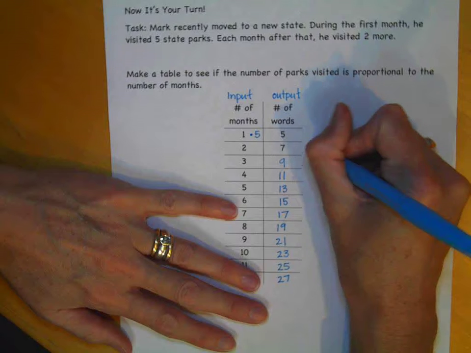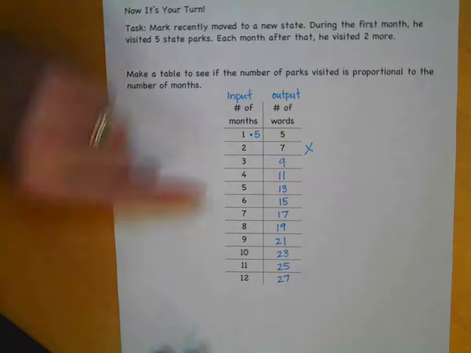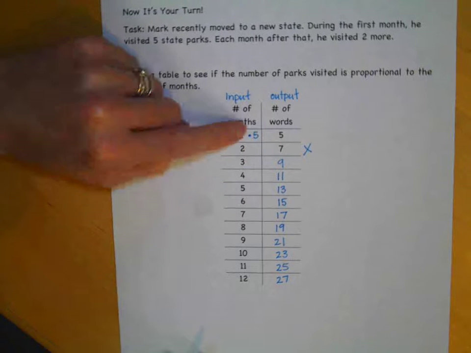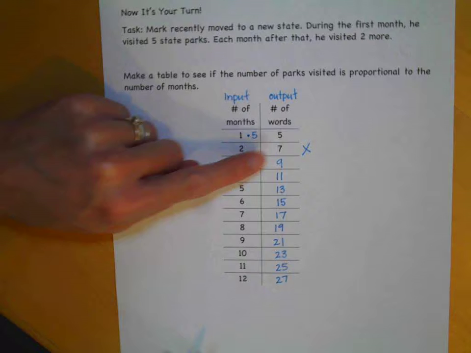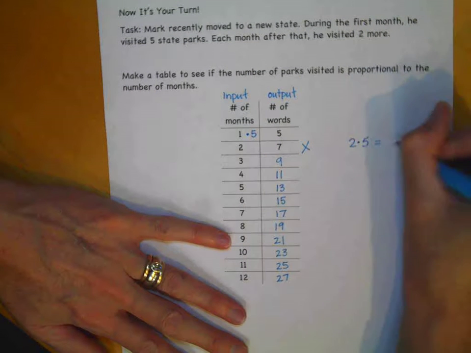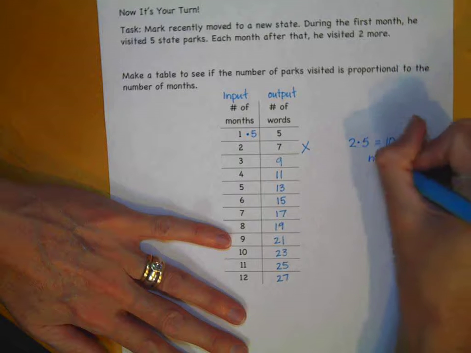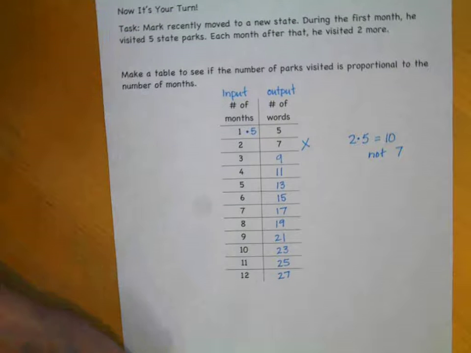That is correct. 2 times 5 is 10. So already, what do we know about the table? The table is not a proportional relationship, and the reason why it's not a proportional relationship is because right here, our constant value falls apart, because 2 times 5 equals 10, not 7. Okay? And so there's our proof right there that this table is not proportional.